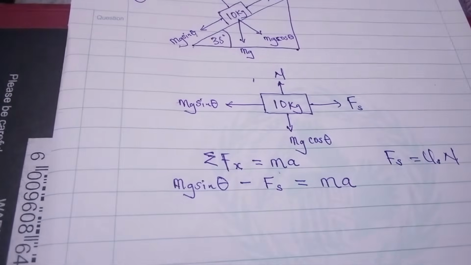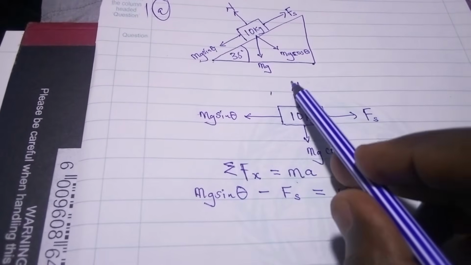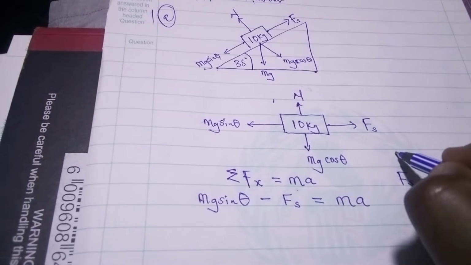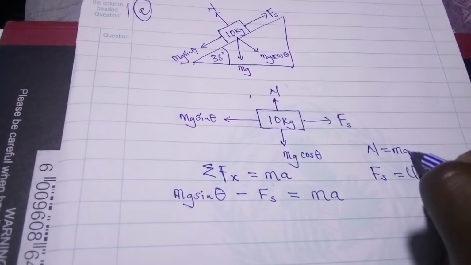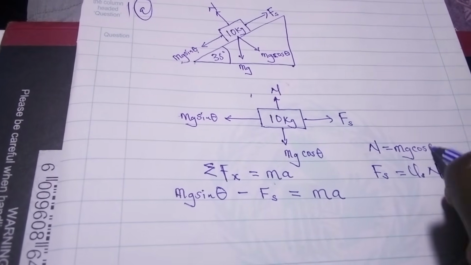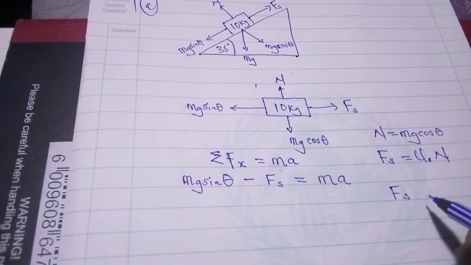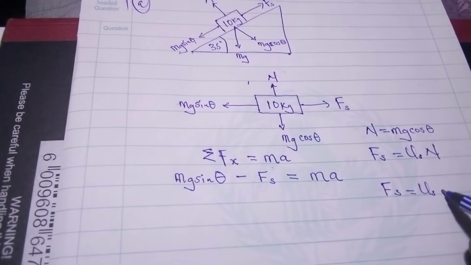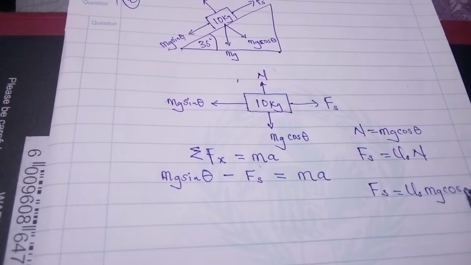If an object is in a static position, the normal force is equal to mg cos theta. So static friction is equal to mu s mg cos theta.